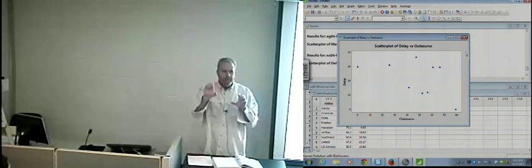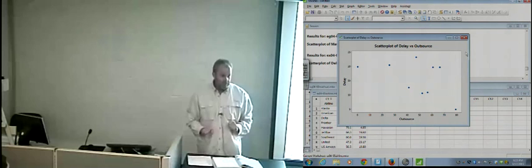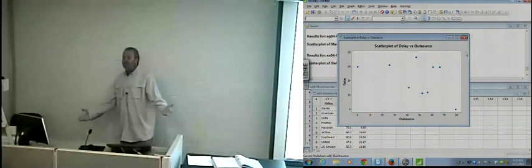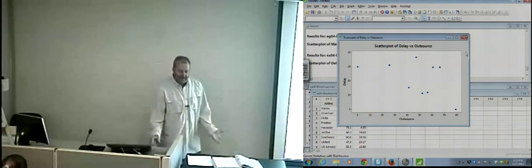Now, my little hand moves, they have names. Okay? So we got to talk about interpreting a scatterplot. What do you see? You still got to tell me that here.